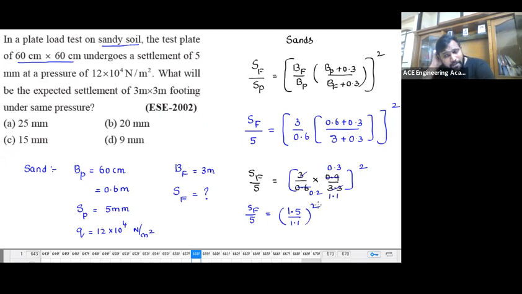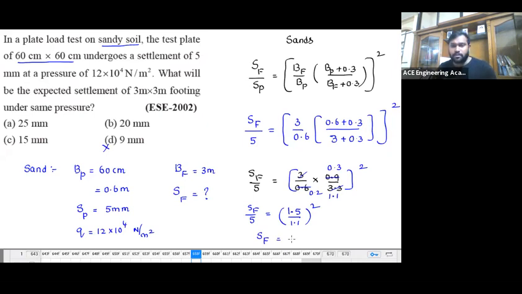See, 1.5 by 1.1. What is 1.5 square, my dear? 15 square is 225, right? So if I solve this one, 15 square is going to be 225, which is nothing but 2.25. 2.25 into 5. 2 into 5 is 10, so the answer should be more than 10. It's not going to be 9. So if you solve, what should be the answer? Come on, tell me.